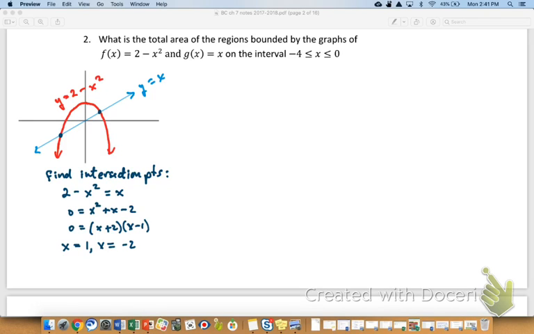So I think this is going to be pretty important here because this is -2 over here, and that's 1 over there. We're already told that we're supposed to find the total area bounded by those graphs on the interval from -4 to 0. So isn't -4 over here somewhere?